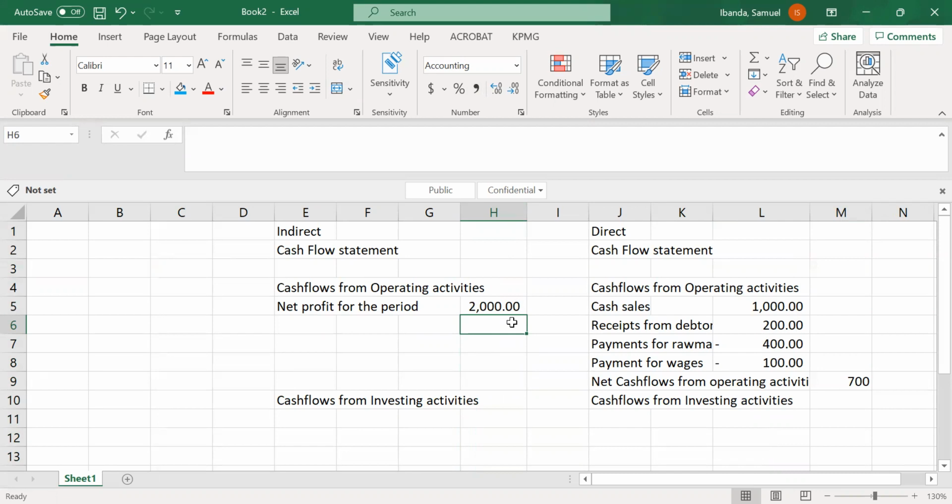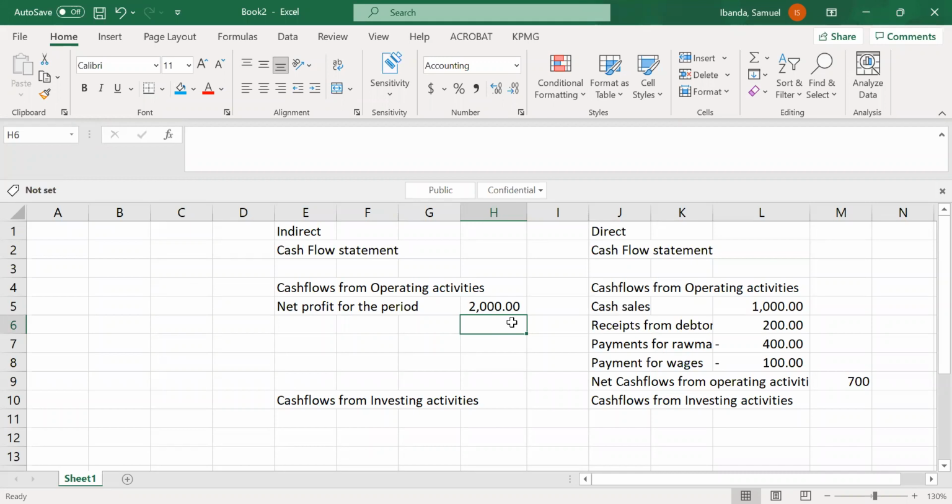on credit. Now, the indirect method gets the profit and works backwards to remove any items that are not cash, that don't have cash in them. And then we are able to also look at, for example, when I say items that don't have cash, we look at depreciation, because in deriving profits, we deduct depreciation under expenses, but depreciation in reality does not involve any movements of cash. So such things will be added back.